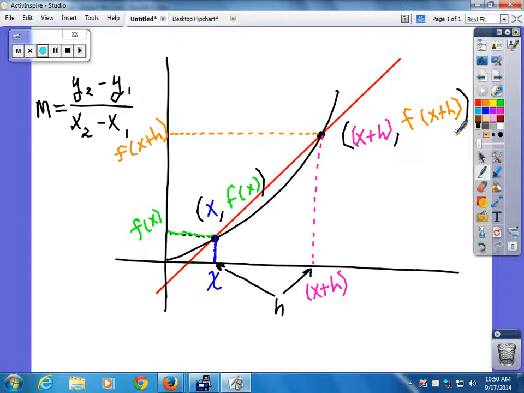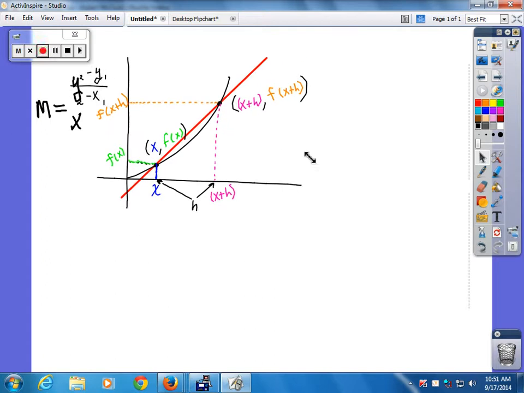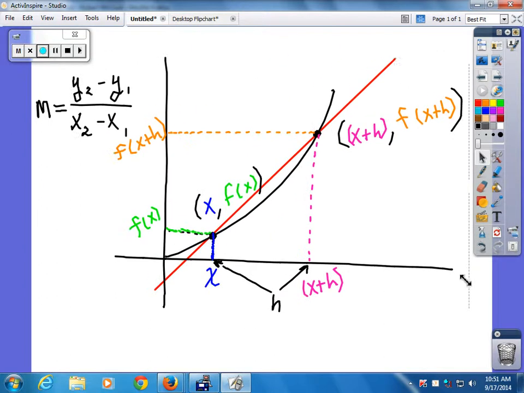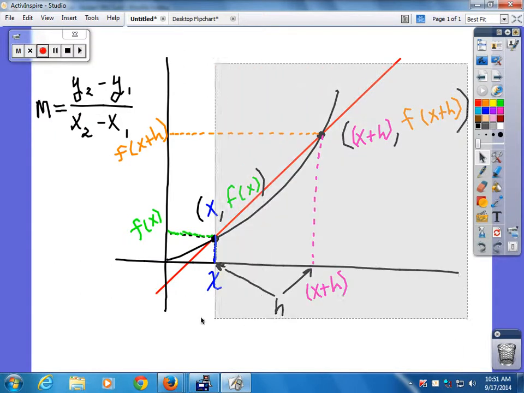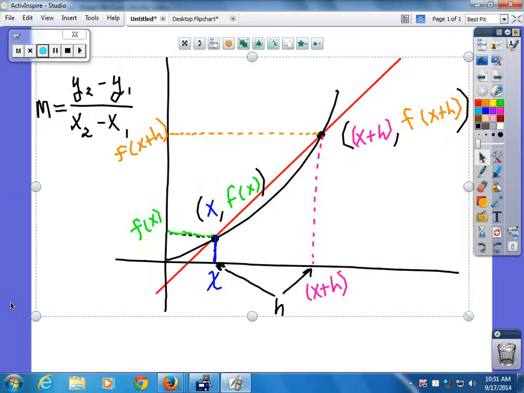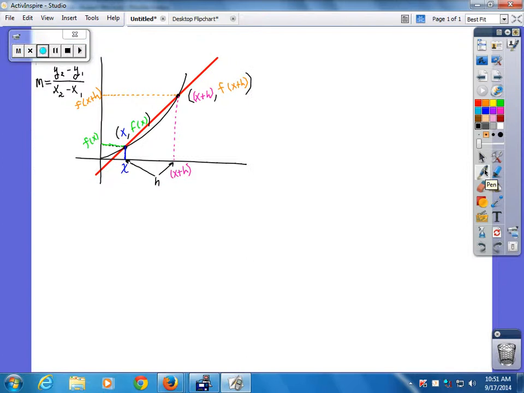M is equal to... Try one more time. All right, so here we go. M is equal to, what's my y sub 2?